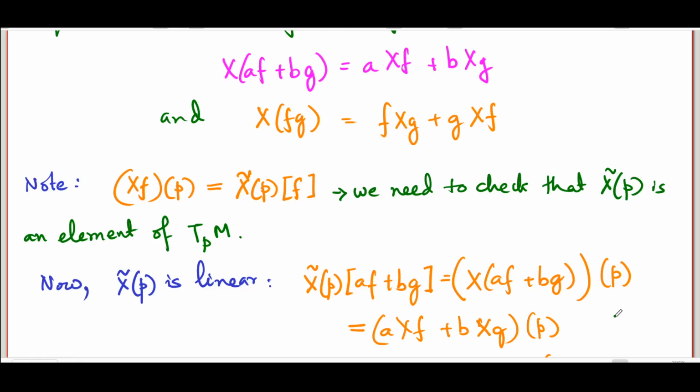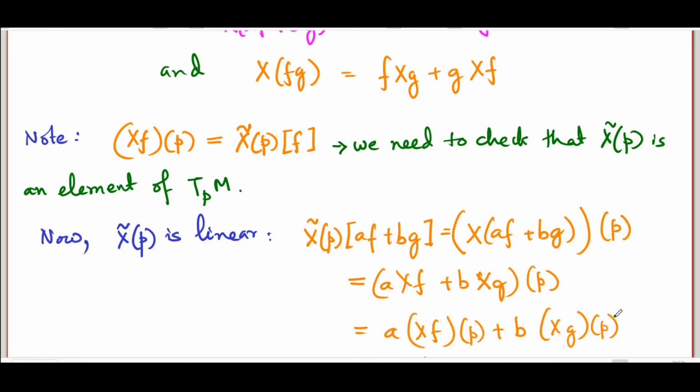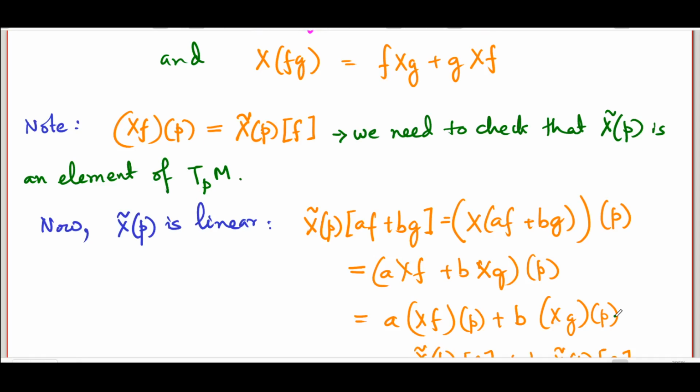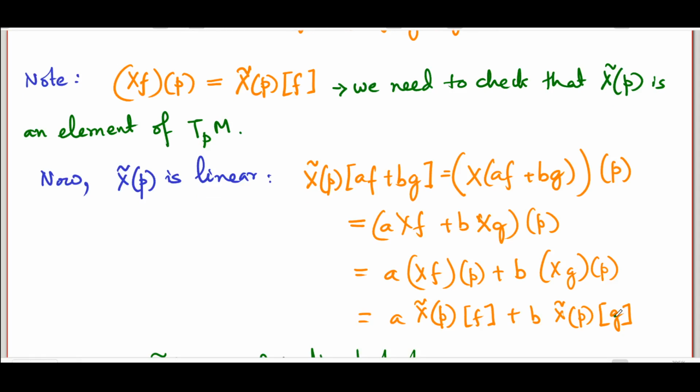And the definition of a sum and product of functions is given in a particular manner, and that immediately guarantees that you are going to get a times Xf at p plus b times Xg at p from here, which can be rewritten as a X tilde p acting on f plus b X tilde p acting on g. So the linearity part is settled. X tilde p really is a linear map.